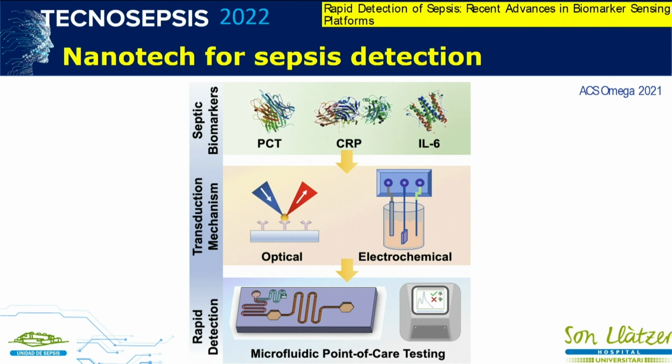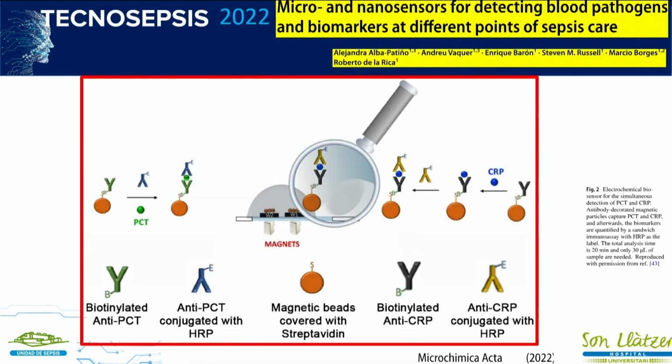So it's possible to understand this detection of sepsis using biomarkers, and of course it's possible to use optical, electromechanical, or electromagnetic methods, and finally rapid detection using microfluidics, and imaging that identifies these nanoparticles between different sizes.